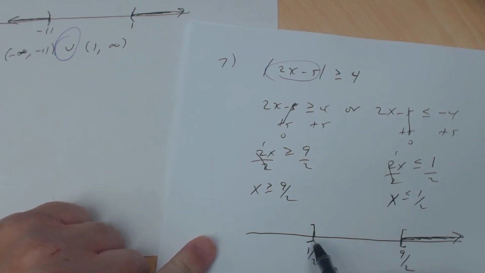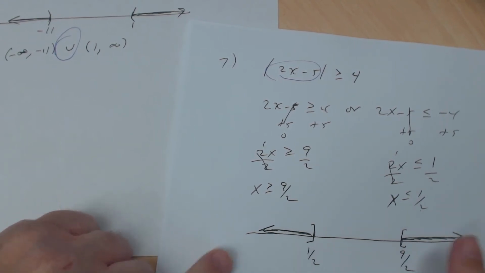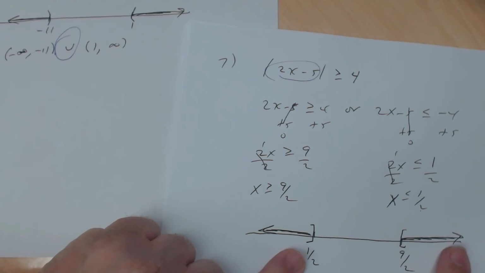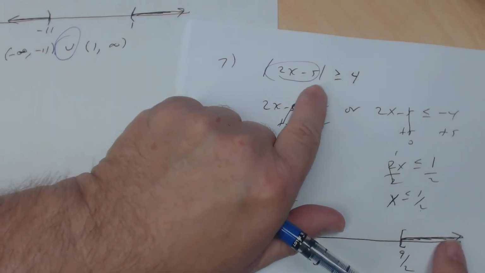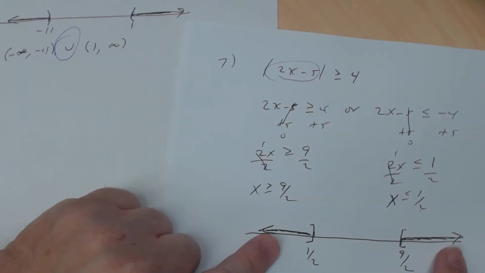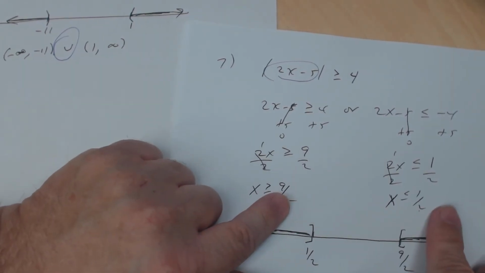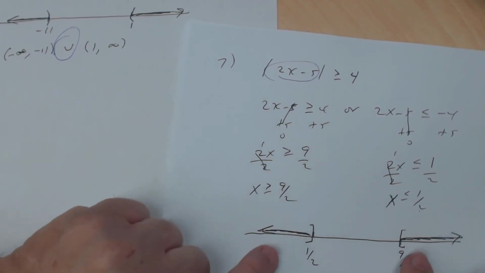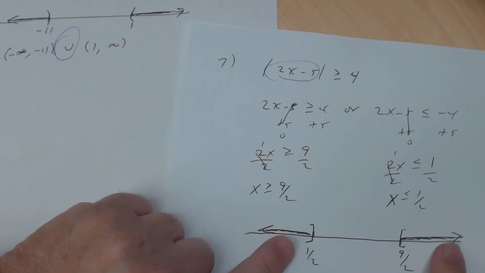Bracket. Looks like this. So notice two separate graphs. The absolute value with greater than or greater than or equal to gives two separate inequality statements with the word or, and then two separate graphs. Looks like this.